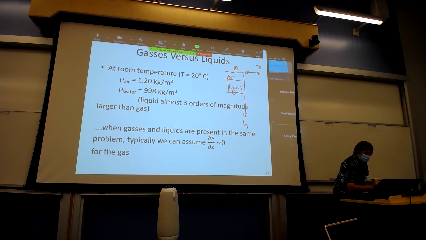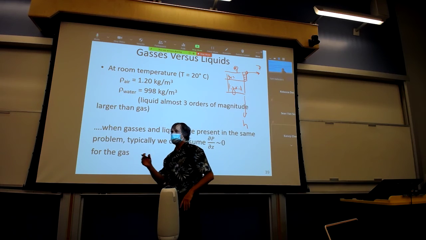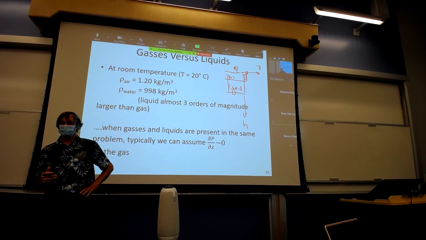And because of that density or specific gravity difference between liquids and gases, we would basically say that there is no pressure change in this finite difference in the gas from the top of the gas to the bottom.